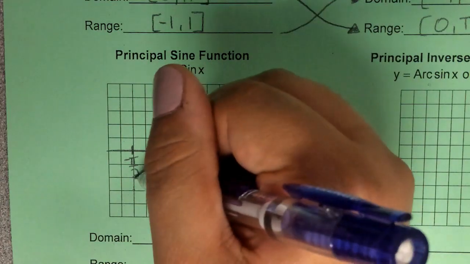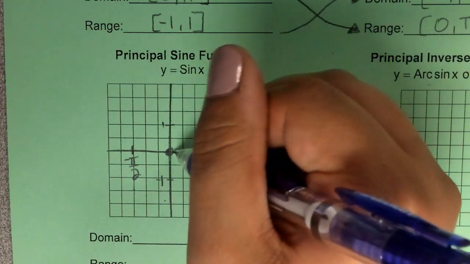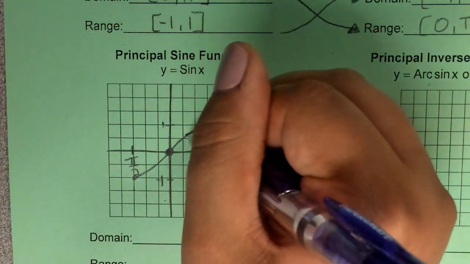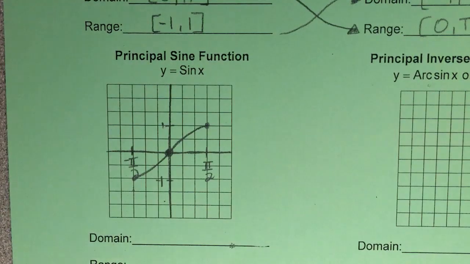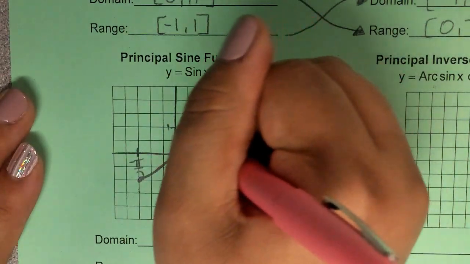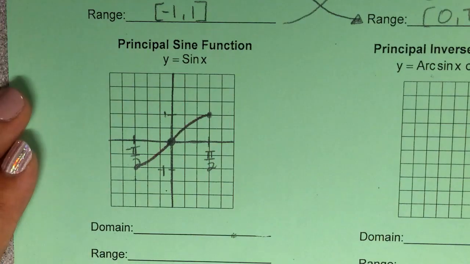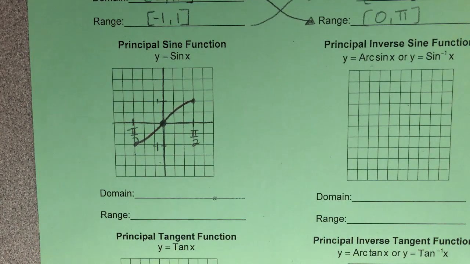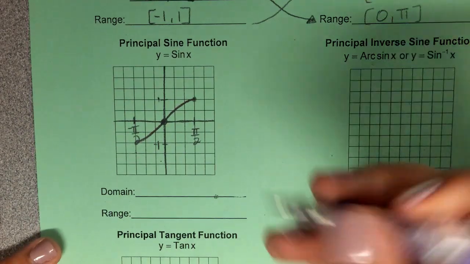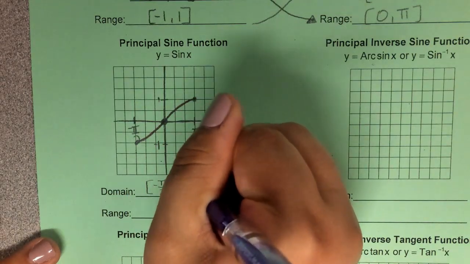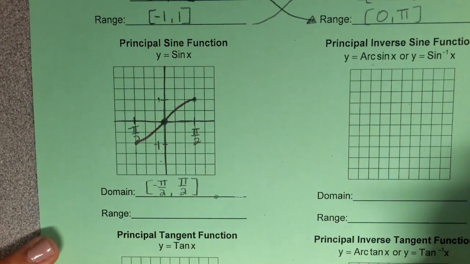And so at negative pi over 2, it's actually going to go down. And this is your principal sine function. What's my domain? Negative pi over 2 to pi over 2. And what's my range?